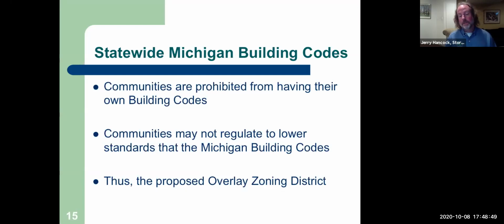So the exemption for historic district is for the existing historic structure. If you build an addition onto a historic structure, it would have to be elevated to meet the building code. We have language in the proposed zoning ordinance to clarify that, so that it helps people understand what is expected of them.